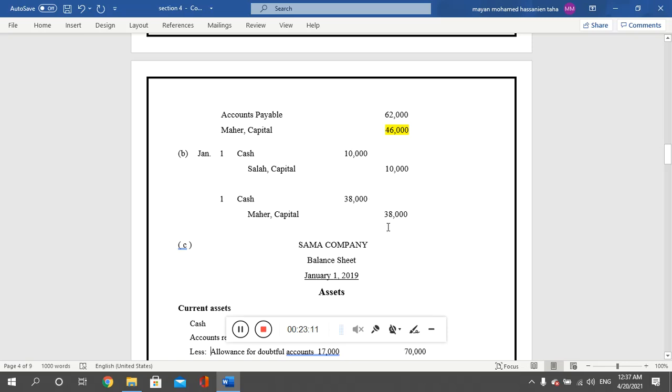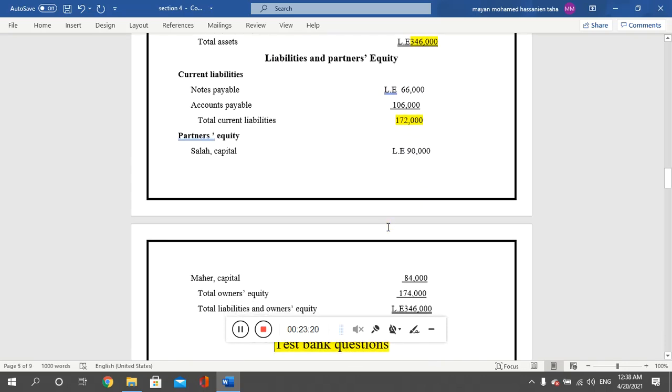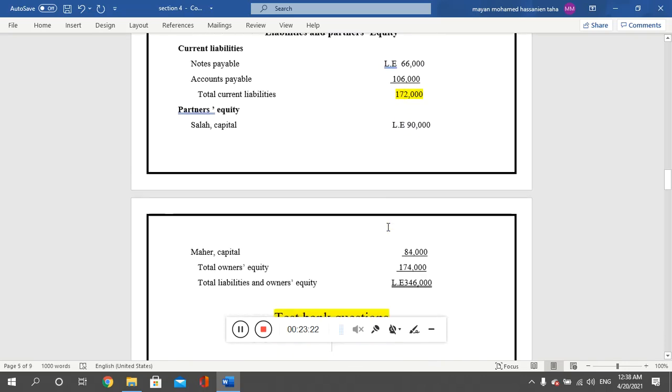So $46,000 plus 38,000 is 84,000. So Maher's capital will be $84,000.